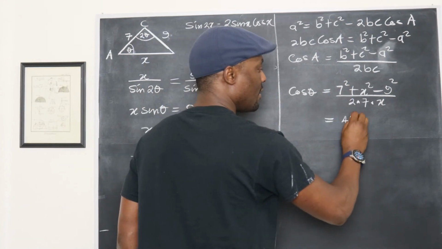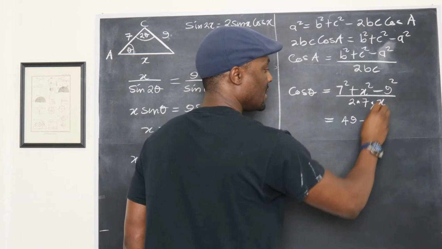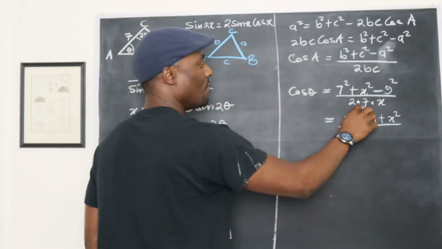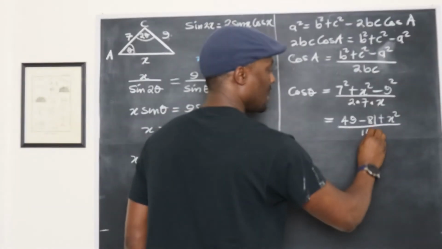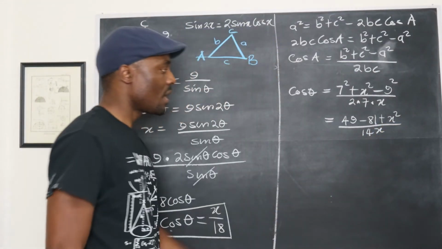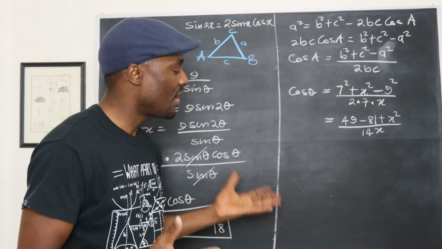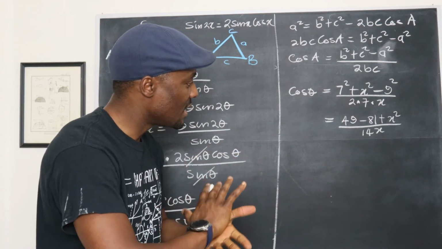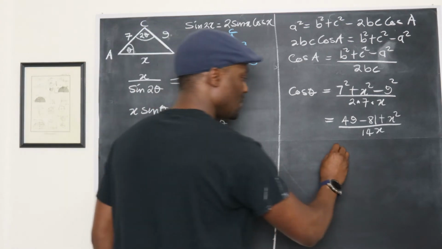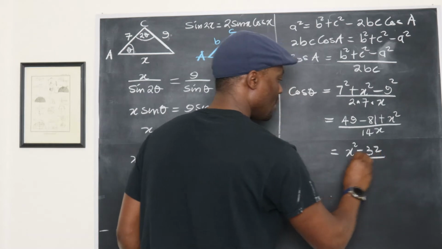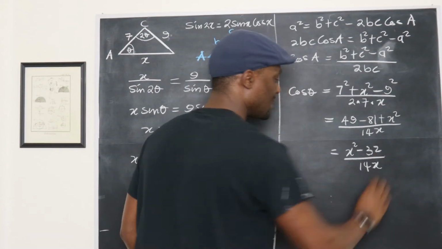So that's 49 minus 81 plus x squared over 14x. Well, let's see. 49 minus 81 is negative 32. Okay, so this is equal to x squared minus 32 over 14x.